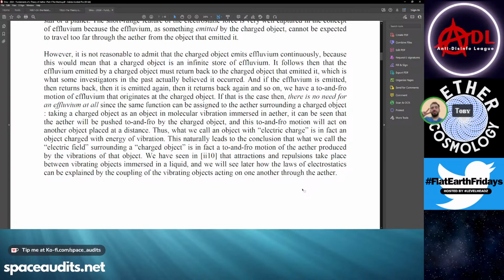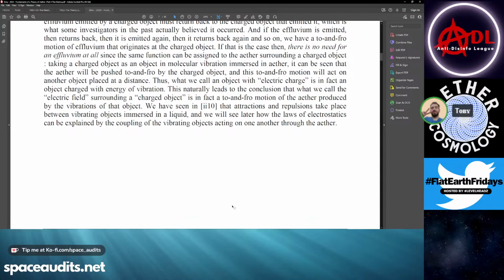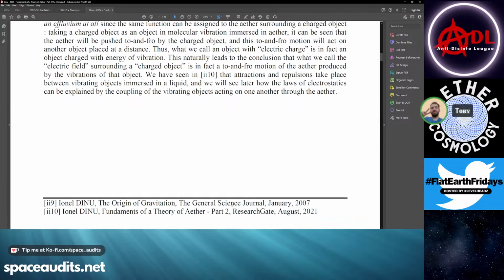This naturally leads to the conclusion that what we call the electric field surrounding a charged object is in fact a to and fro motion of the ether produced by the vibrations of that object. We have seen in citation II10 that the attractions and repulsions take place between vibrating objects immersed in a liquid. And we will see later how the laws of electrostatics can be explained by the coupling of the vibrating objects acting on one another through the ether.